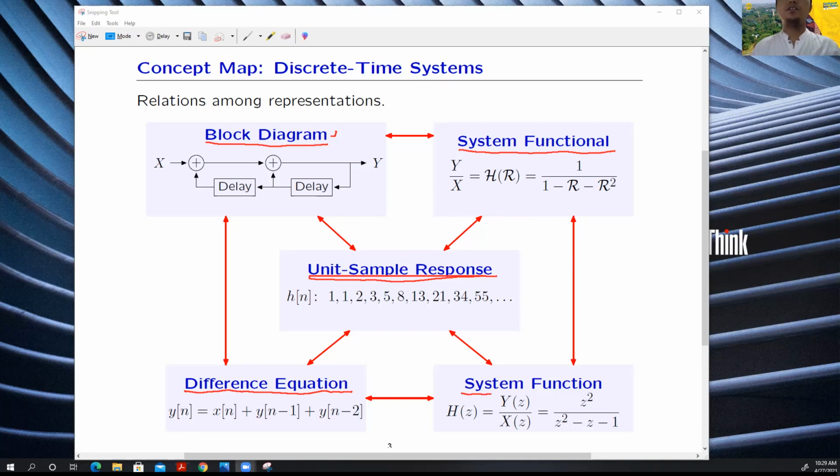So I will divide you into, maybe how many groups, yeah, 5 groups, to explain.